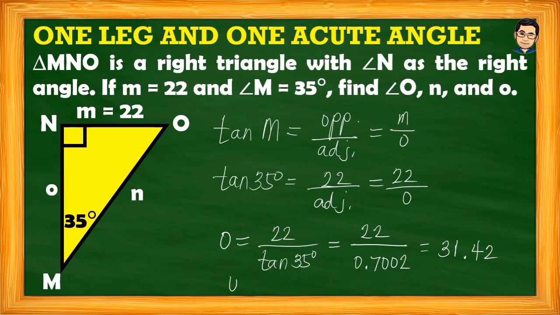So the measure of the adjacent side, O, is 31.42. So again, applying Pythagorean theorem, mache-check natin kung tama ba yung ating mga kasagutan.